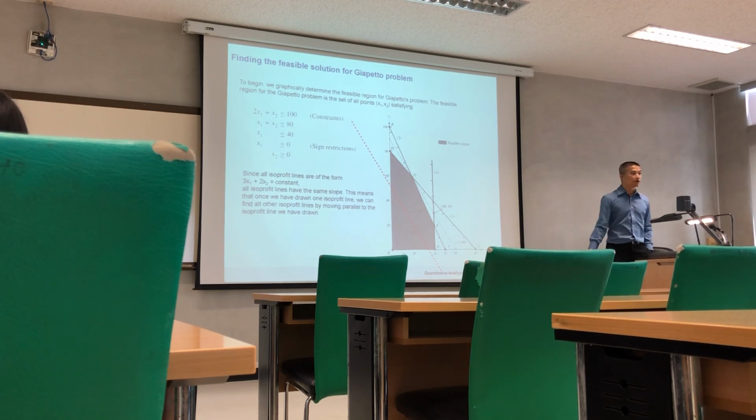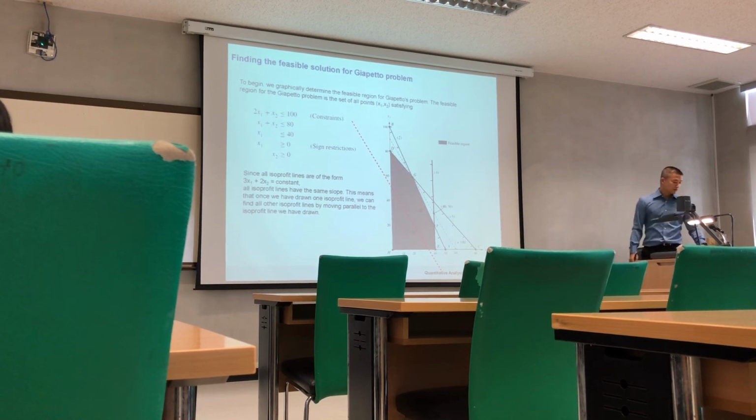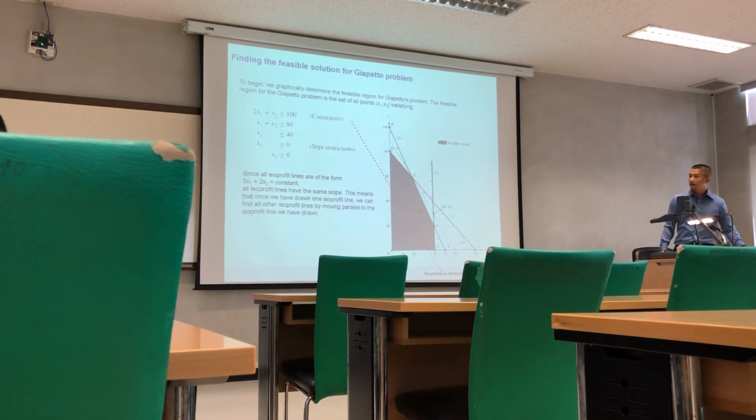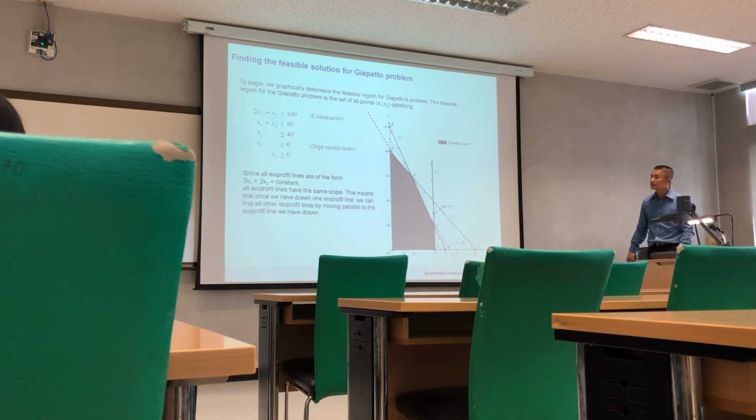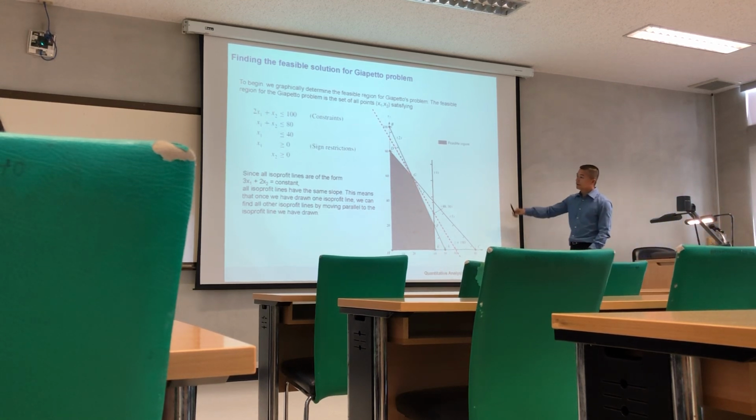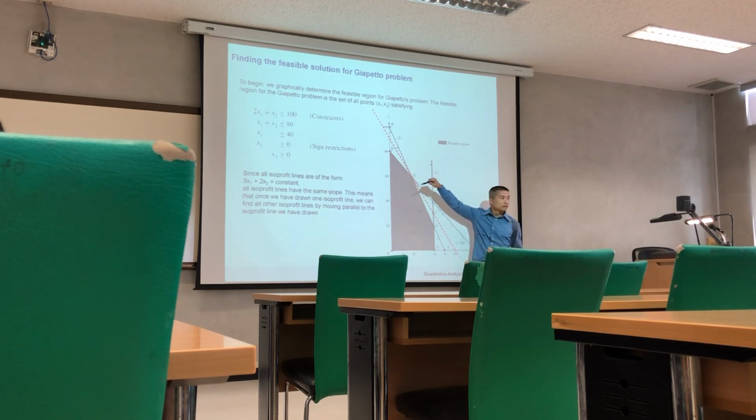That gives you the same profit. Next, let's move up to the right until we touch the last point that is still in our feasible region. So you see, when this moves up here, this is the last point.